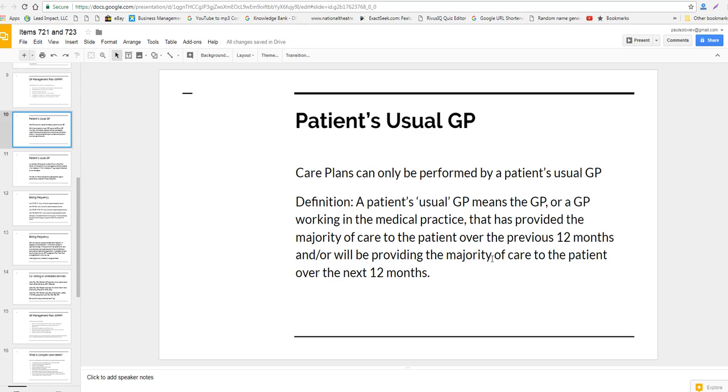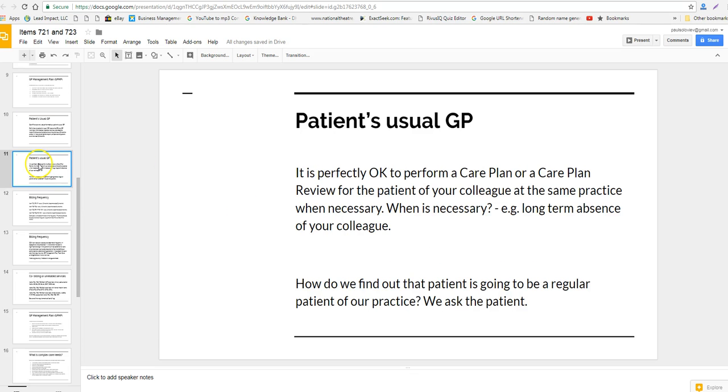Okay, how do you know that the patient will be seeing you, or your colleague at this practice, regularly in the future? Well, we just ask that question. We ask the patient, John, I hope I will see you for all your future healthcare needs at this practice, and wait for the response.